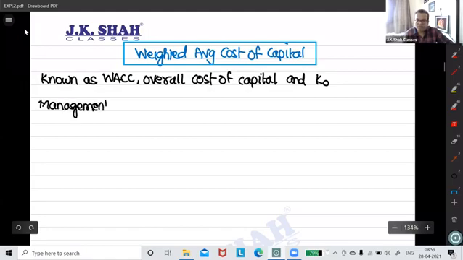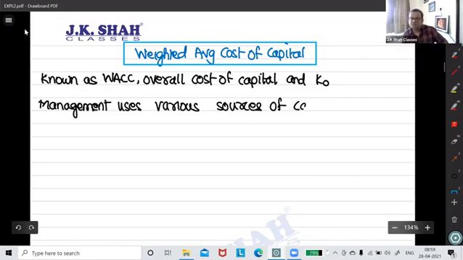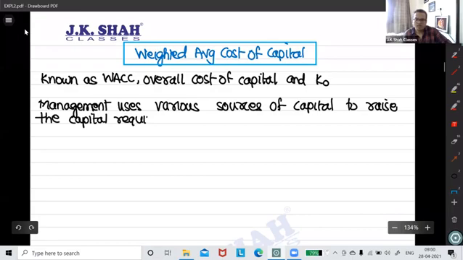Management uses various sources of capital to raise the capital required. Therefore, it calculates WACC.